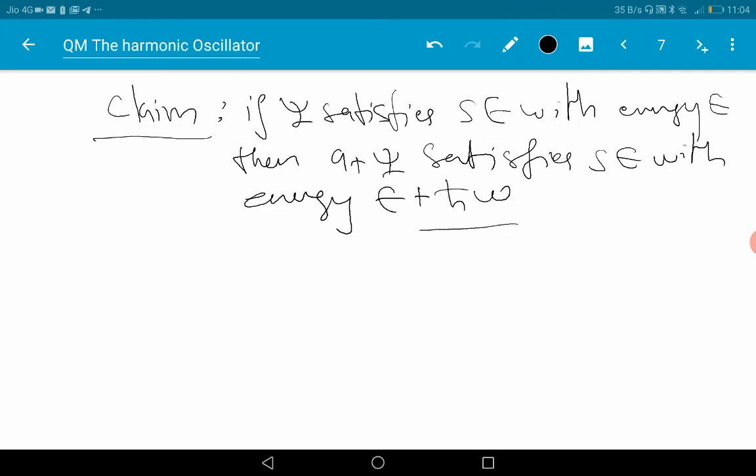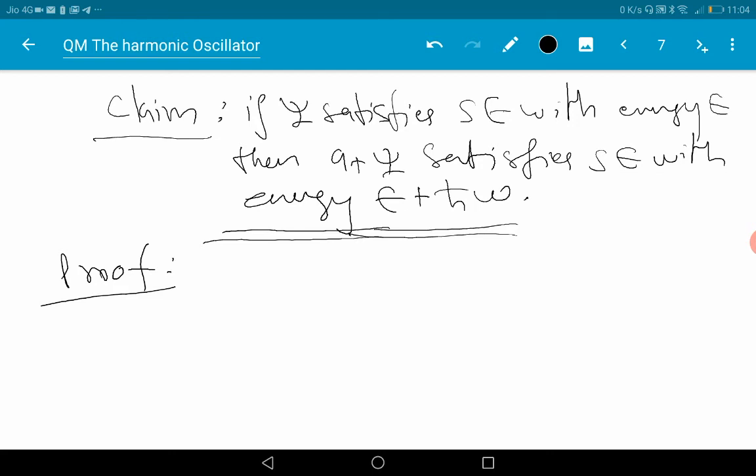This is the basic reason why the ladder operator works. Ladder means going up or down, so this is basically going up, E plus h cross omega, in a step of h cross omega. So this is our claim, and we'll try to prove it.